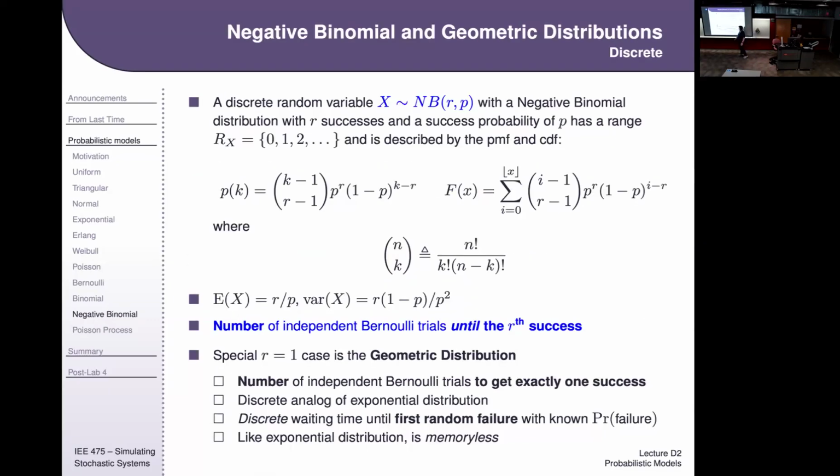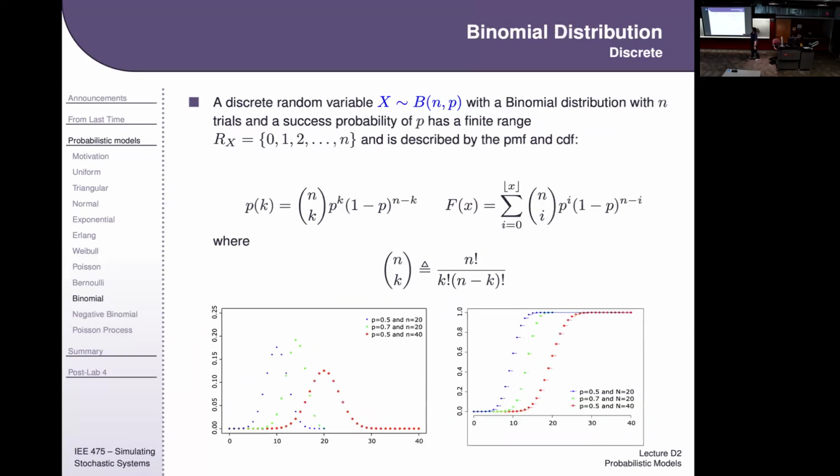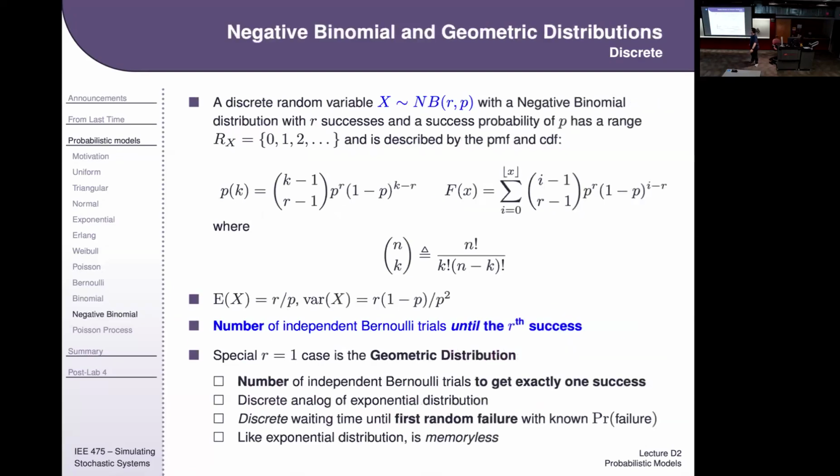I thought I had a plot of these. It's going to look similar to this, but you're not going to have a fixed range, because it could be very large. If this probability is very, very low, then I might need a lot of flips. If this probability is very high, then I'm going to need at least R flips.